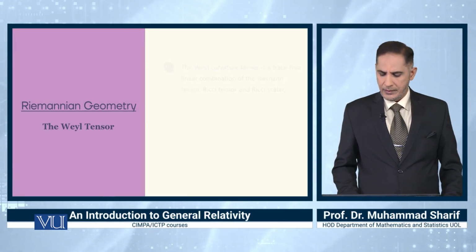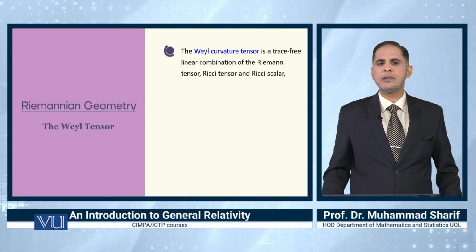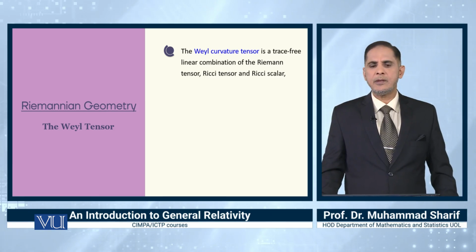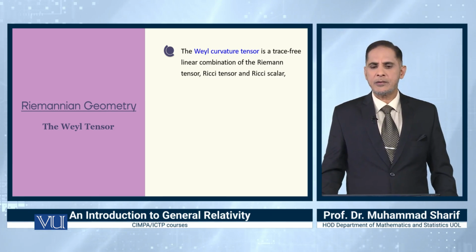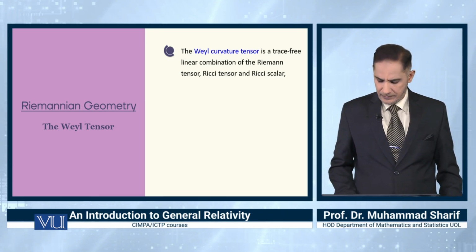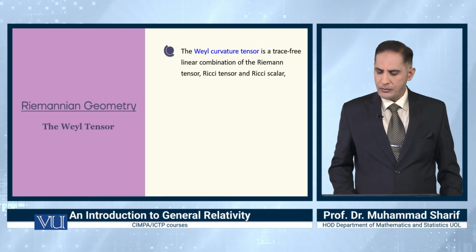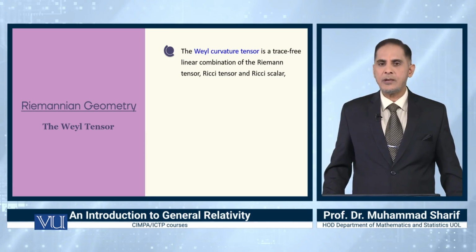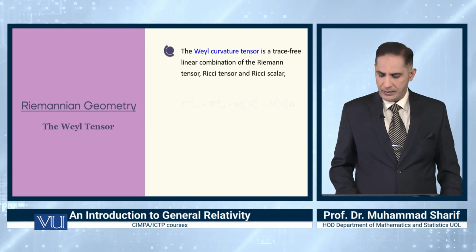So next we define the Weyl tensor. This is also an important type of tensor, and this is in fact a combination of all tensors which we have already learned. So this is a trace-free linear combination of the Riemann tensor, Ricci tensor, and Ricci scalar.